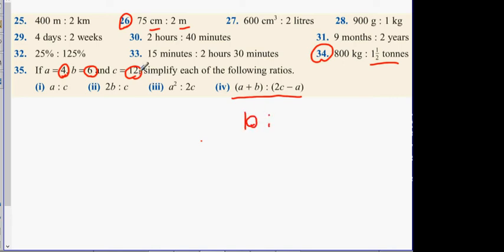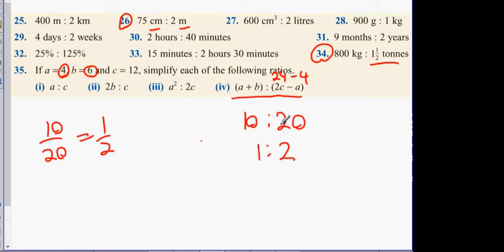What's 2 times C? 2 times 12 is 24. Now what's 24 minus A? 20. They want you to find the ratio 10 is to 20, which is the same thing as 1 is to 2. That's how they make it trickier. So you got that for number 35? Yeah? That's a hard one.